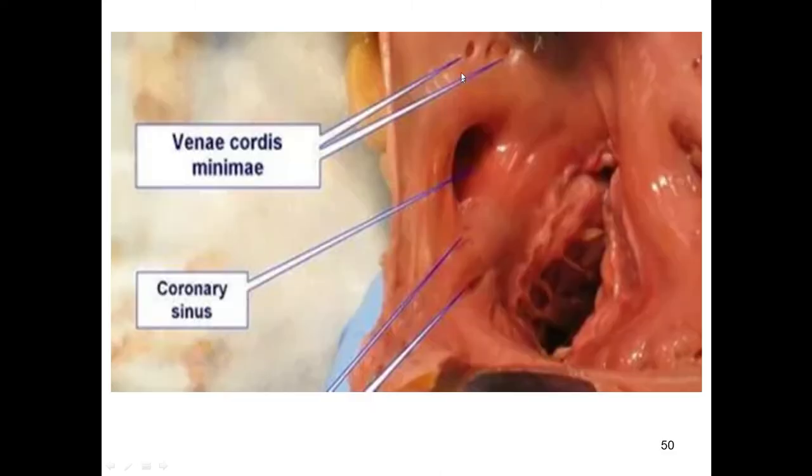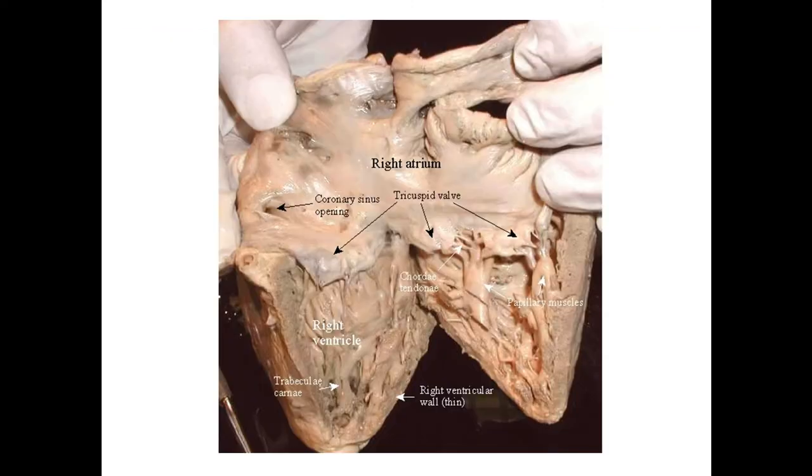Can you see these small openings? These are the venae cordis minimae, which are present in all the chambers of the heart. This side is also showing you the opening of the right atrium, the coronary sinus opening, and the tricuspid valve. Here is the right ventricle.